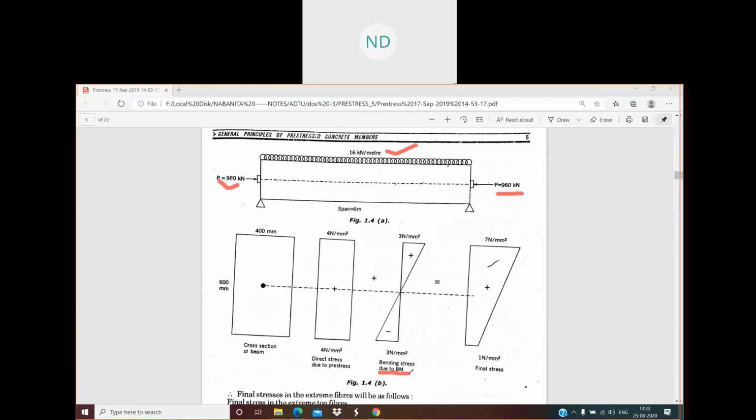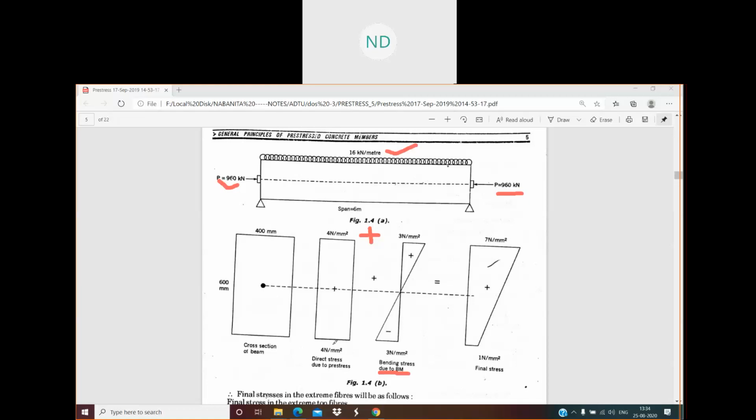Here the stress due to bending moment is plus minus M by Z, plus compression at the top and minus tension at the bottom. Your M by Z was 3, so top will be plus 3, bottom is negative, so 3 on this side. Now your final stress: at the top fiber it is 4 plus 3, so 7 Newton per mm square.